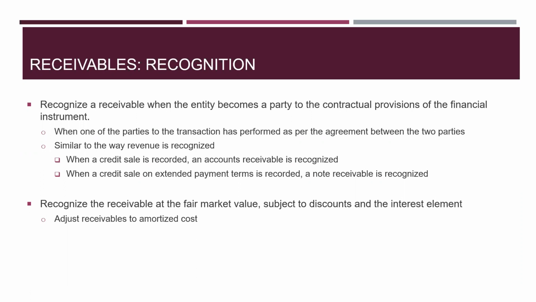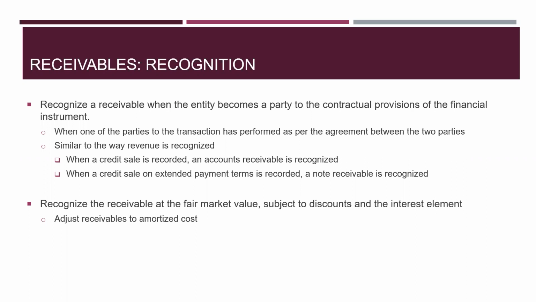For example, if the company has offered the services or sold a product, then they have completed their part in the transaction. So they can go ahead and debit accounts receivable and credit sales. The credit to sales is recorded along with your accounts receivable because the transaction has been completed. The revenue is earned now.